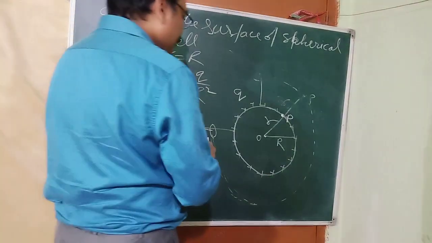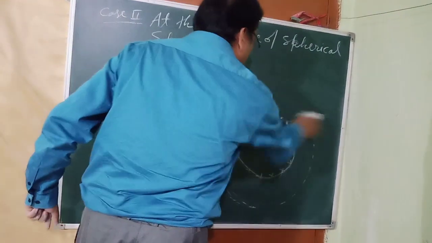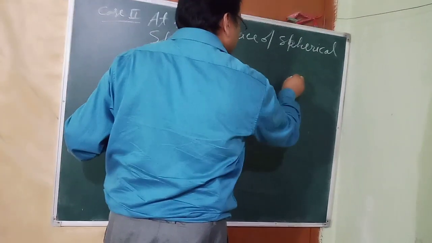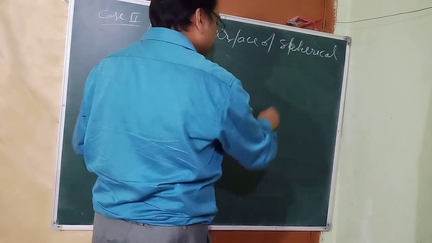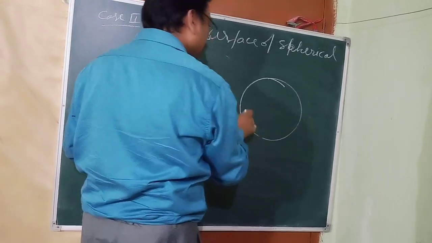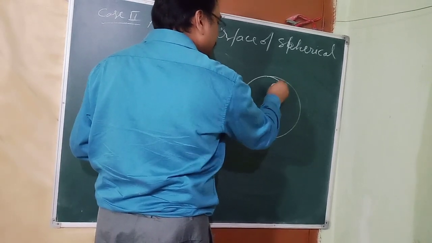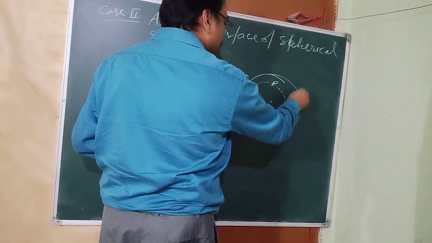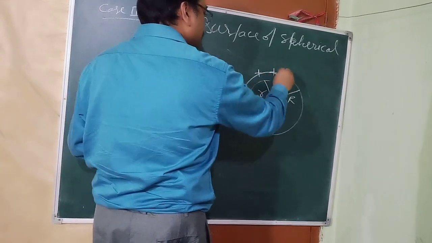We have taken this point inside. Let us redraw it, so that it doesn't appear clumsy. This is a sphere. Sorry, it never appears to be a sphere. Almost. So this is the center. Here we have taken point P. We have to draw a Gaussian surface here, and this is the radius capital R, this is radius small r, and it is charged.